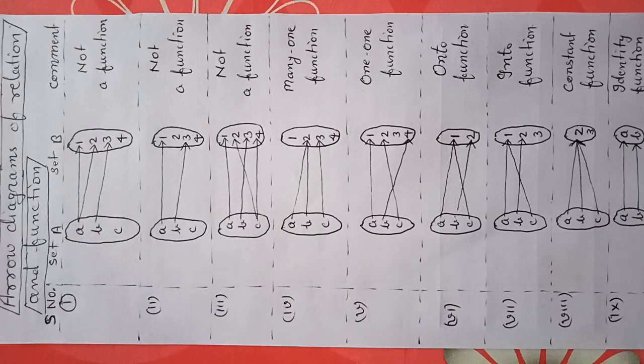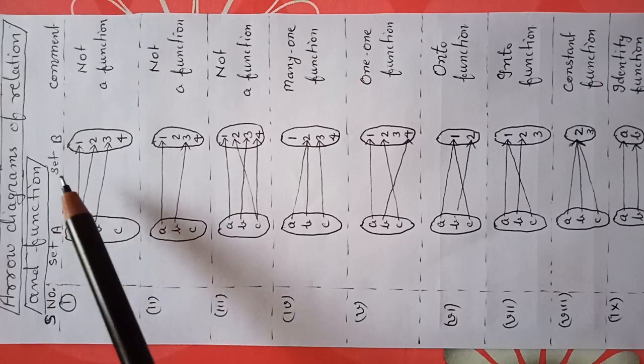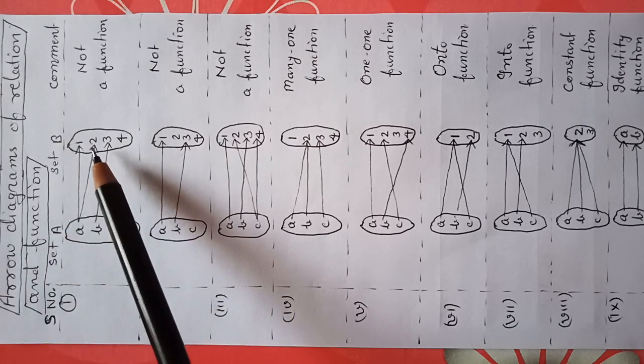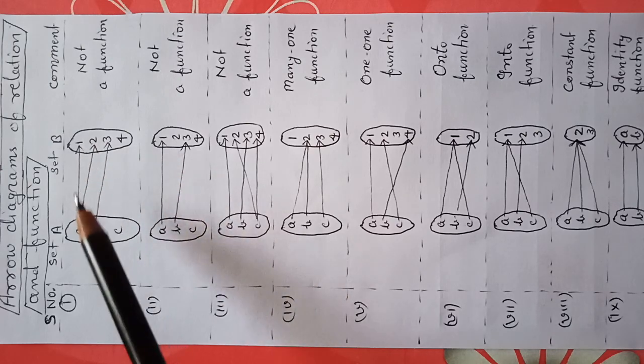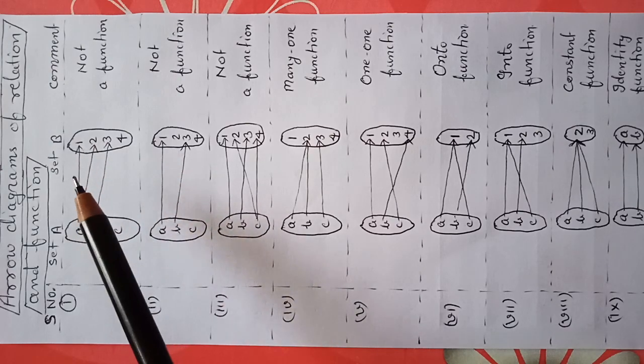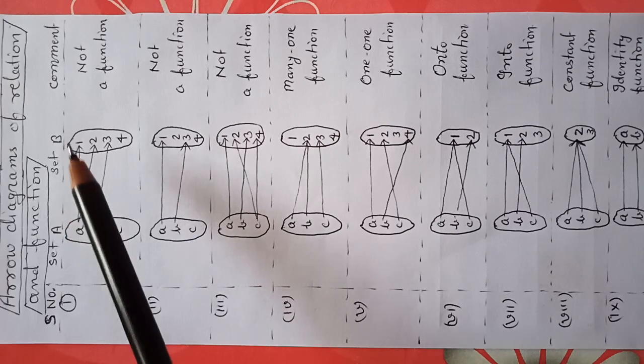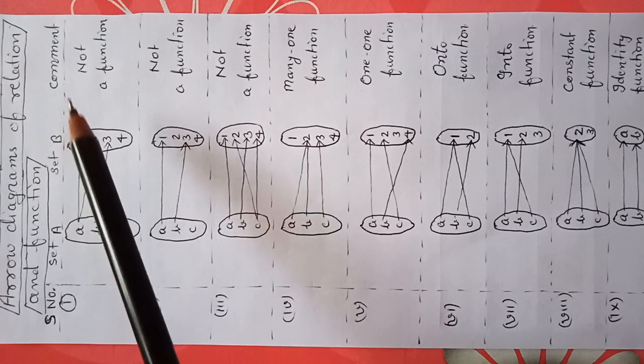Also, the second condition, that means the image of A is 1 as well as 2, but 1 is not equal to 2, and therefore the second condition of function is also violated. Hence, it is an example of a relation which is not a function.